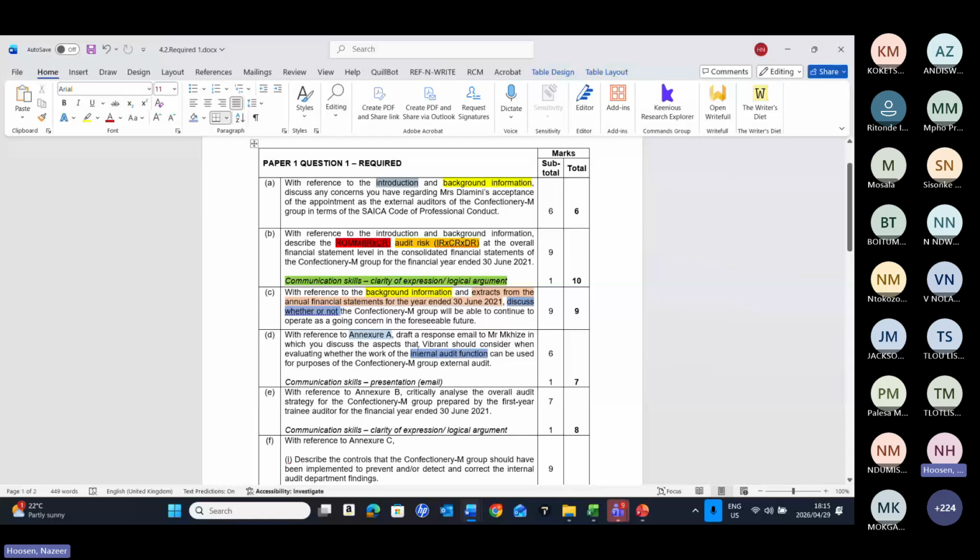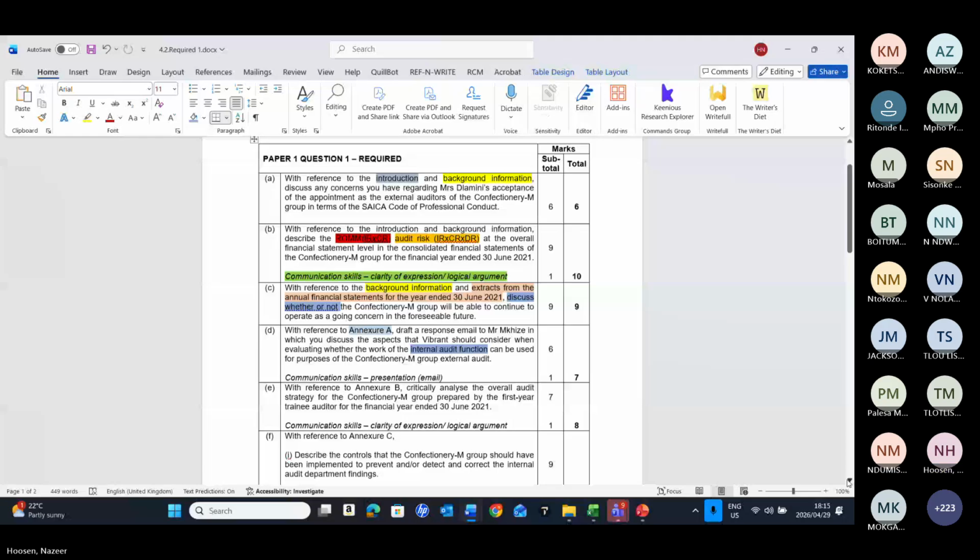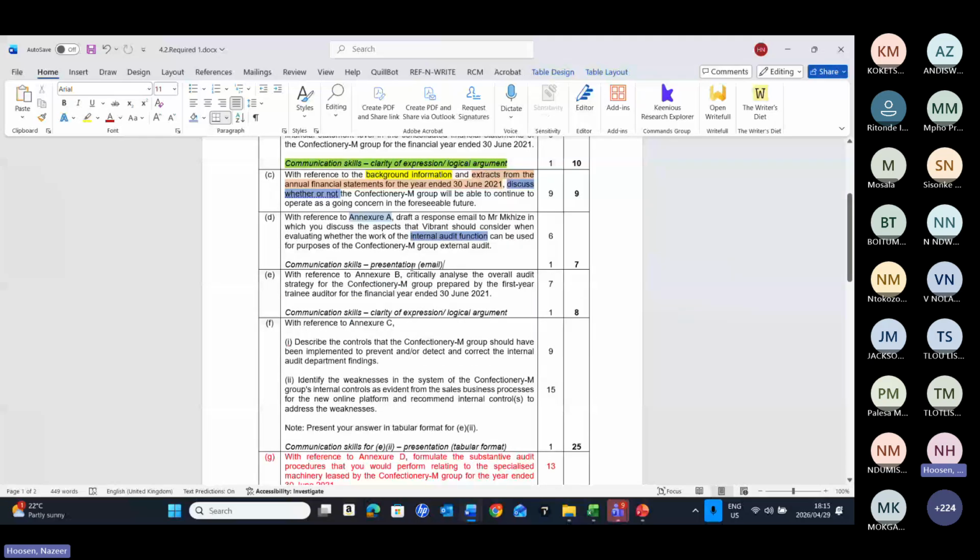This is another PVAA. And for this, we would need to get this mark. So as can be seen, to obtain the communication skills presentation mark, one would need to draft an email, as we are requested to draft a response email.